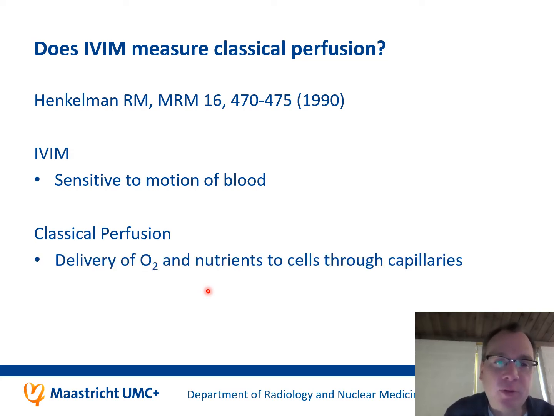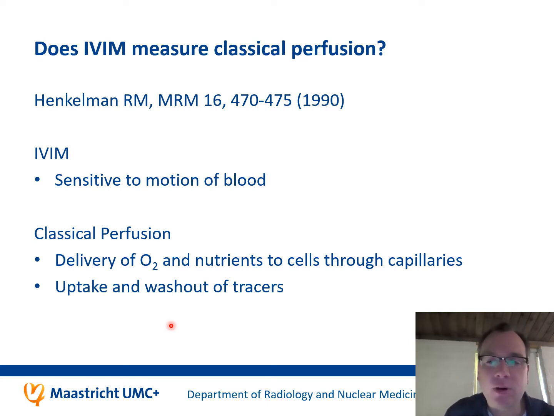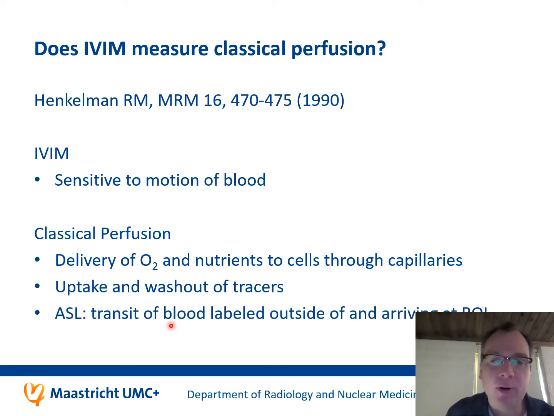Usually when we talk about perfusion, we talk about the delivery of oxygen and nutrition to cells through the capillary network. And you model the uptake and washout of tracers. Traditionally you use nuclear medicine techniques, but of course ASL is also very popular.